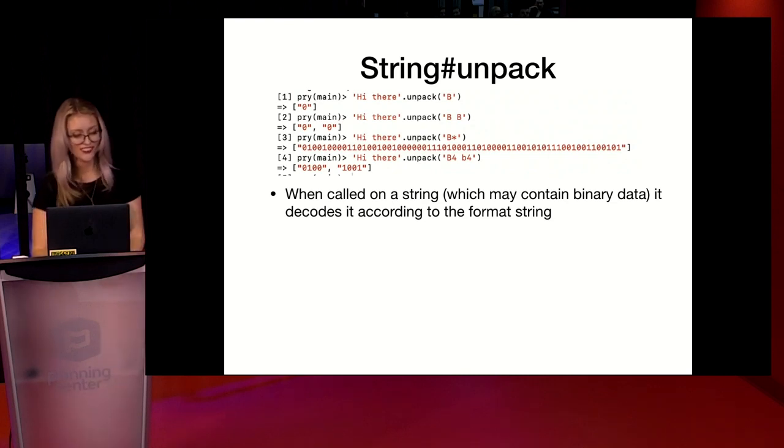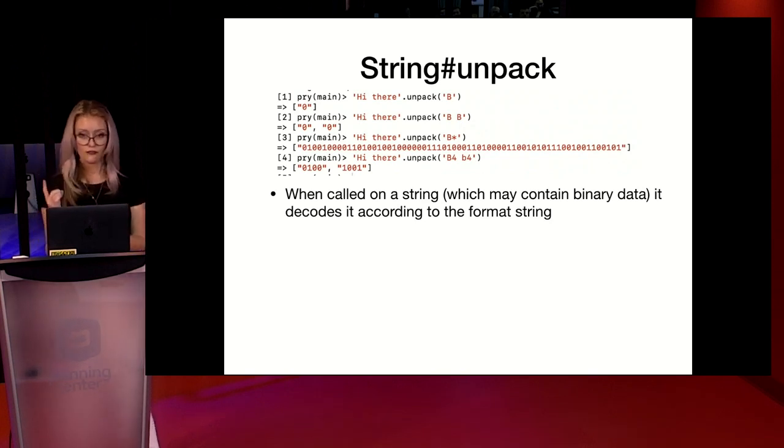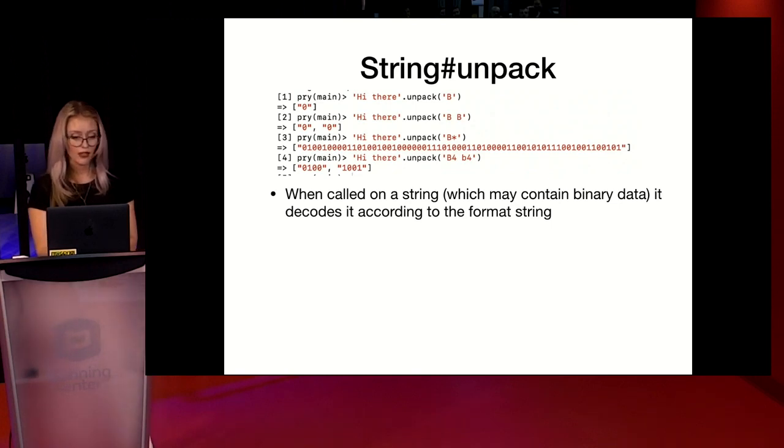Cool. So if we look at the sample that I put up there, we have a string hi there, and I can call unpack and pass it in a capital B. That's binary most significant bit. And if I pass it in 1, I get the first most significant bit. If I want 2 of them, I can do B space B, and it'll space it out for me.